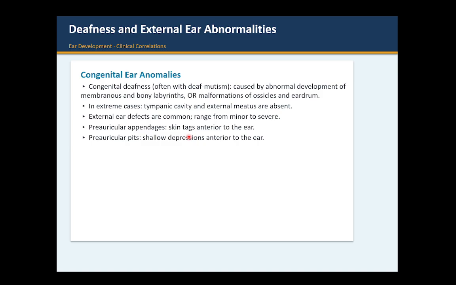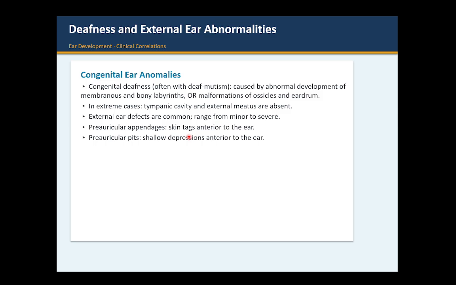Mainly, the major cause of congenital deafness would be abnormalities in the development of the membranous labyrinth, which has the organ of Corti, and the organ of Corti is important for hearing, and nerves and everything is there.